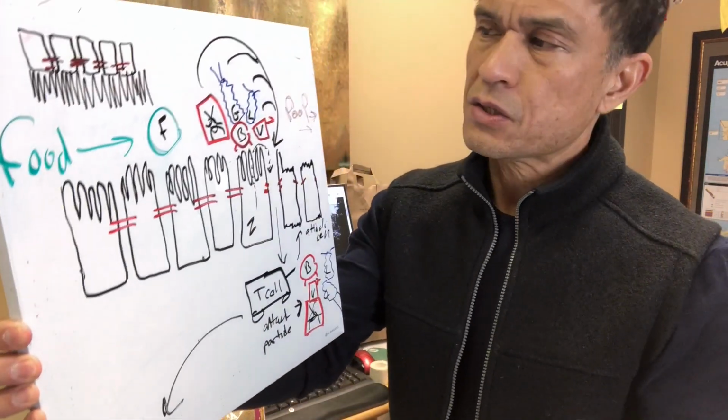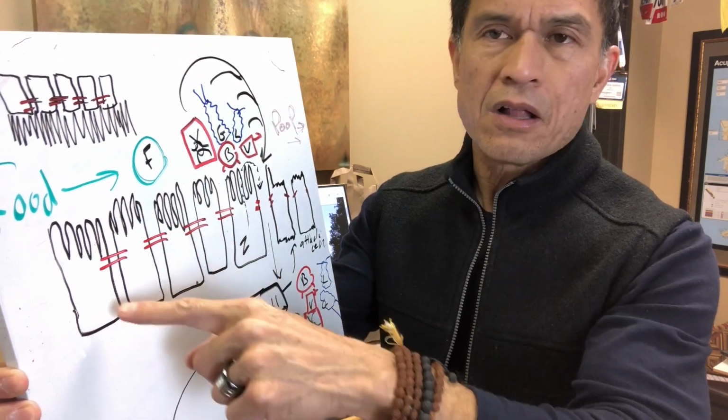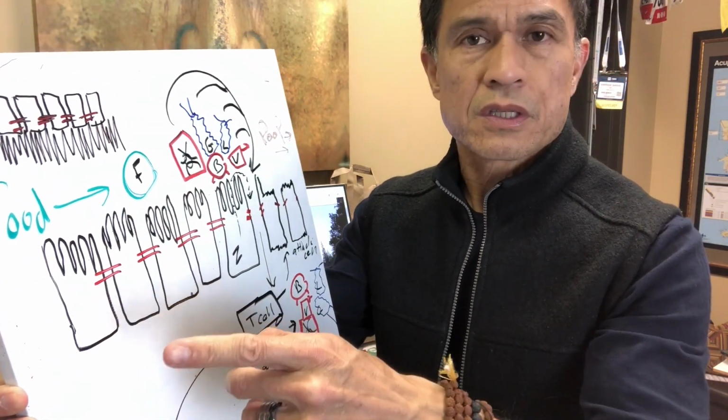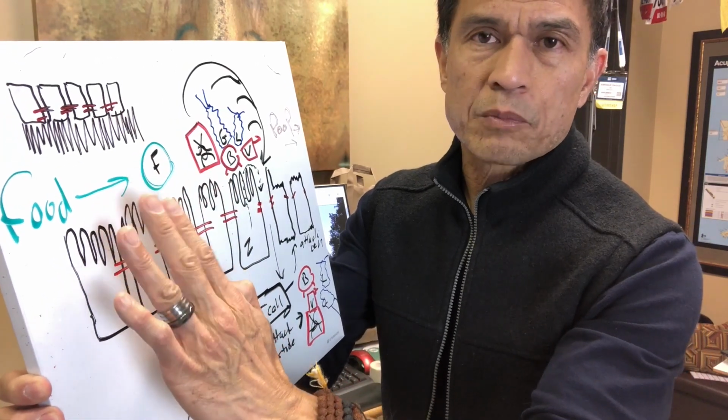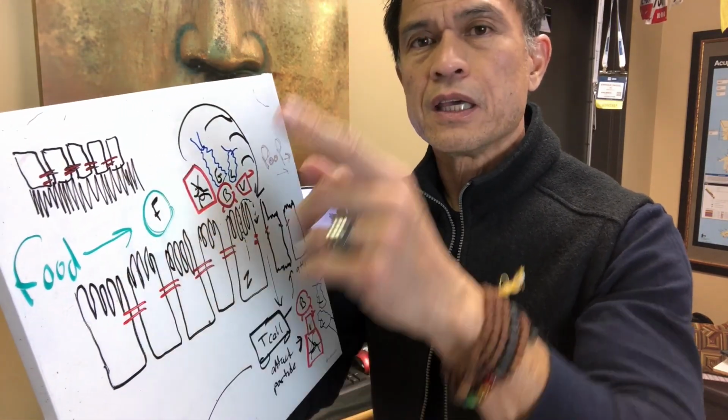So these are enterocytes here. It's like a cell, a single cell with a nucleus, and it has these little finger-like projections that point into the lumen. The lumen is the area in the gut that the food hangs out in.